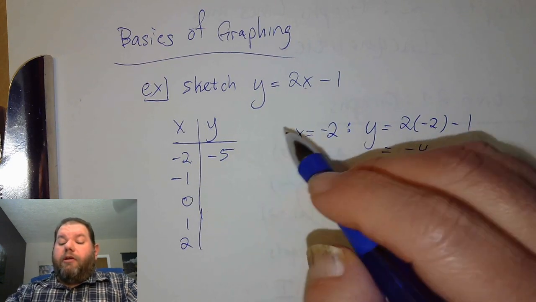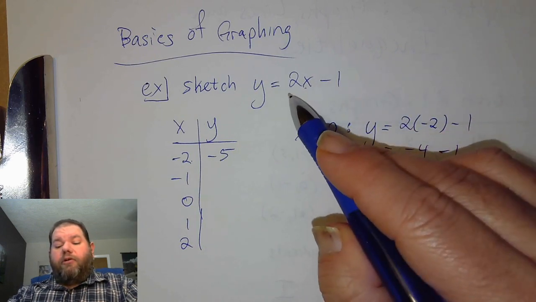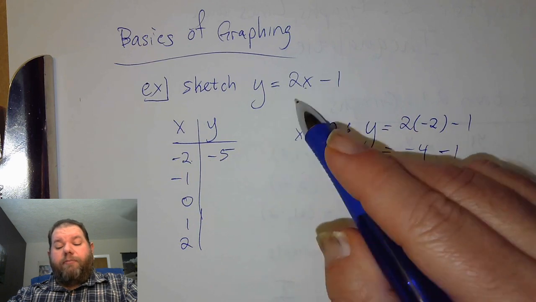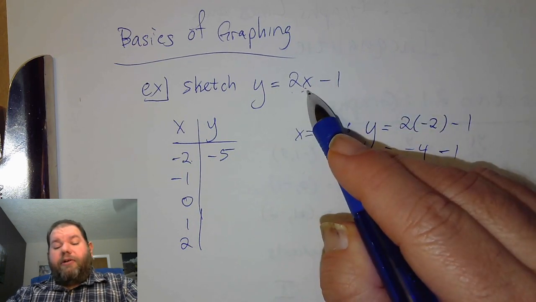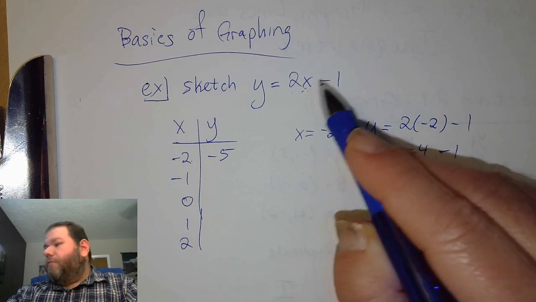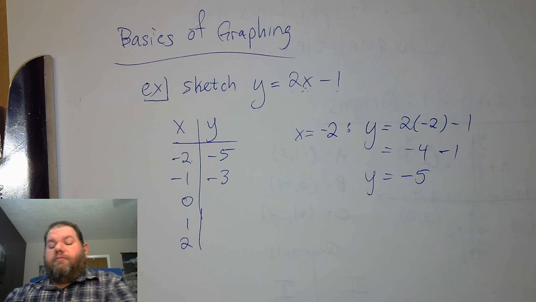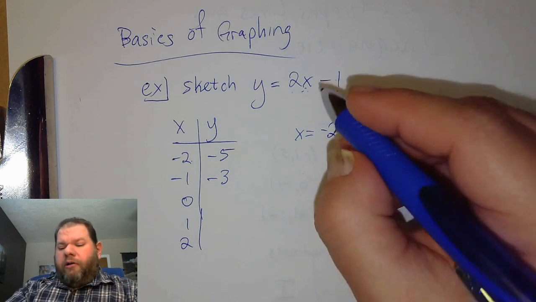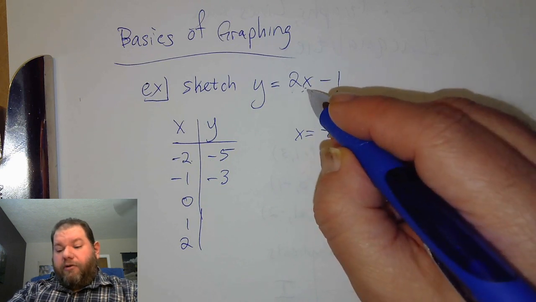Now, if we have x equals -1, we could write it out like this, or since this is a relatively simple expression, we could also just plug it in mentally. Like 2 times -1 is -2. Minus 1 more makes -3. 2 times 0 is 0.